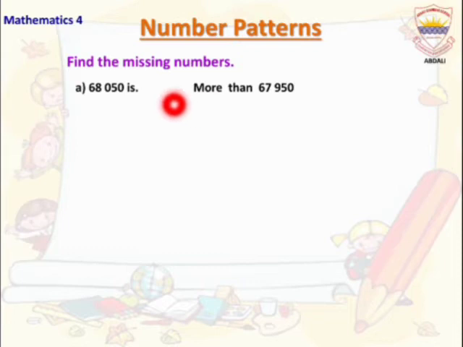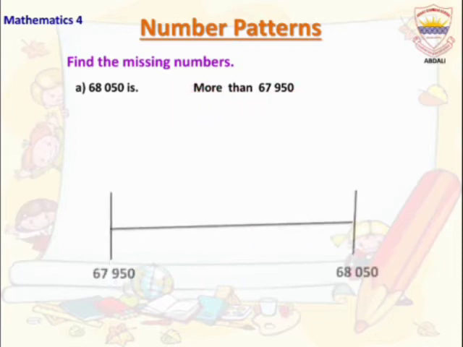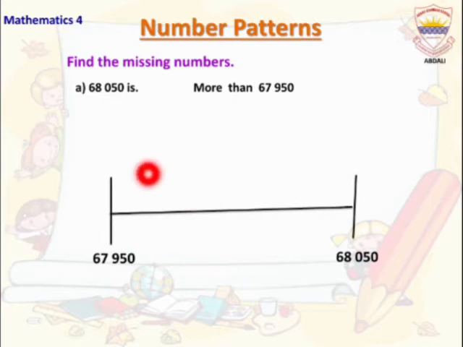First of all, we draw the number line of 67,950 and 68,050. We write 67,950 at the left side and we write 68,050 at the right side.